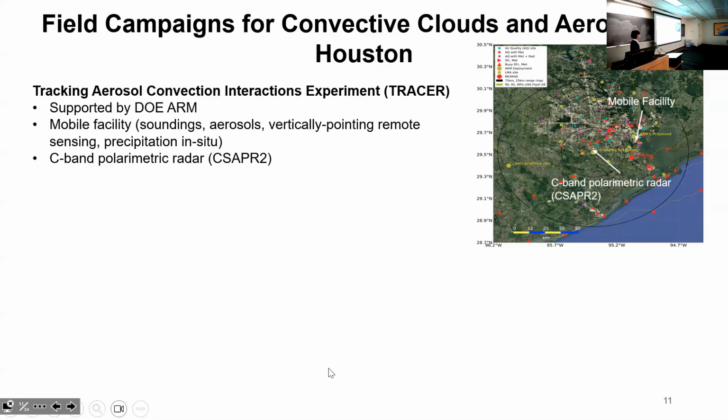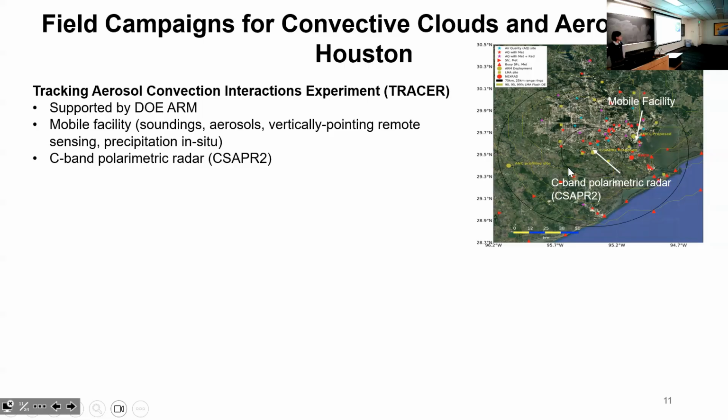The TRACER field campaign is supported by DOE ARM, and we deployed the mobile facility, including sounding measurements, aerosols, and vertically pointing remote sensing like radar, lidars, and distrometer measurements, near the Houston area. This is the Houston metropolitan area. We deployed the mobile facility here, and we also deployed a C-band polarimetric radar here, south of the Houston area.